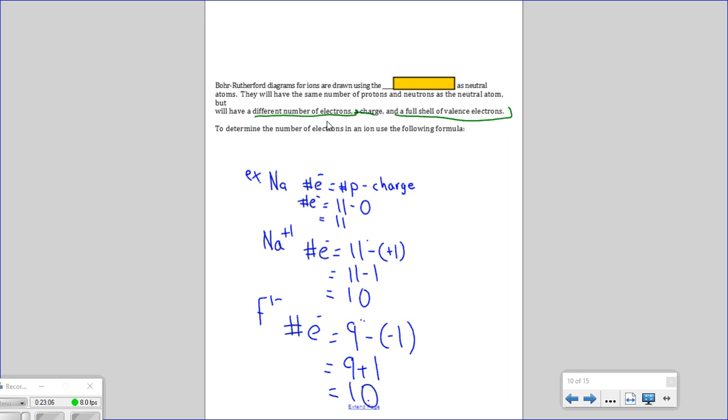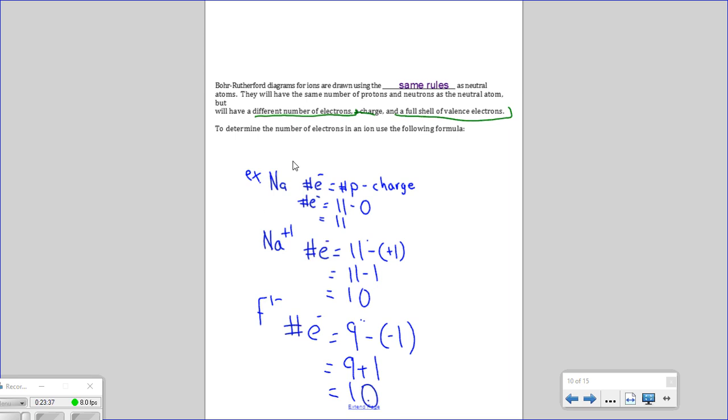Bohr Rutherford diagrams for ions are drawn using the same rules as neutral atoms. They will have the same number of protons and neutrons as the neutral atom, but a different number of electrons, a charge, and a full shell of valence electrons. To determine the number of electrons in an ion, you use the following formula: the number of electrons is equal to the number of protons minus the charge on the atom.